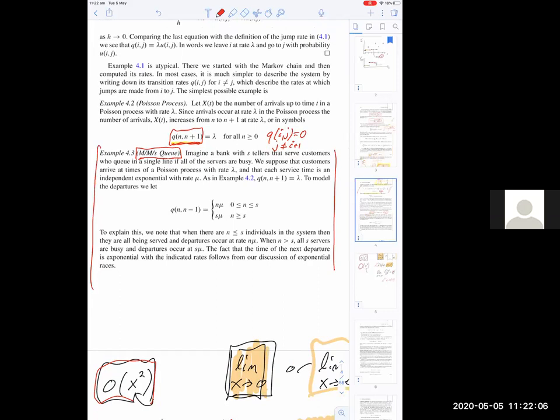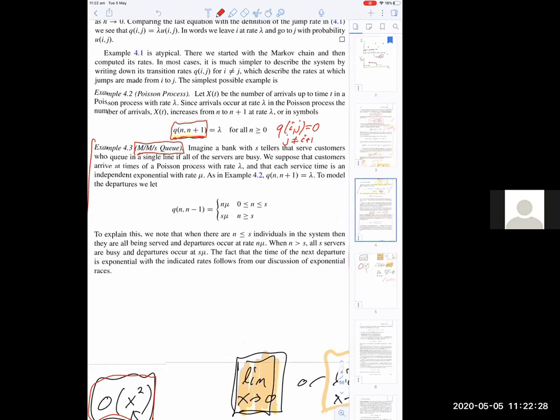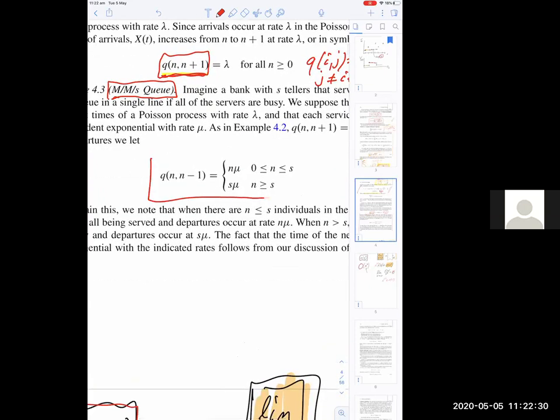When we speak about a queue, just to be clear, this is a queue of people standing in line, or of packets waiting to be served, or assignments waiting to be marked, or patients waiting to be treated in the hospital. The field of queuing theory is intimately connected with Markov chains and stochastic processes because they're stochastic models for these things. Without looking at the actual interpretation of the example, let's just look at this.